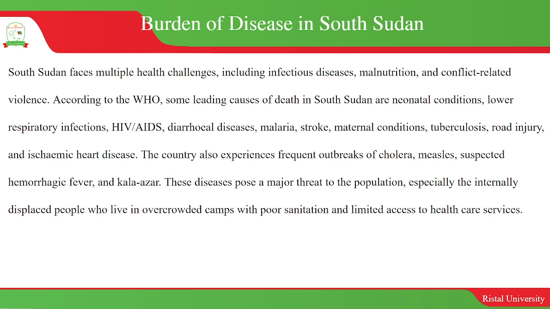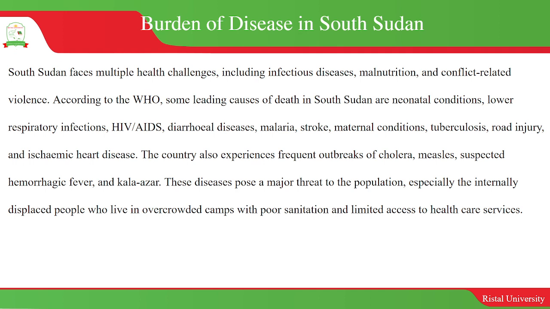But basically here I illustrate to you that we still have a number of big problems in terms of communicable diseases, in terms of even having outbreaks of cholera, measles, and sometimes we have suspected hemorrhagic fever, and we have some conditions which you can categorize as, what do we call them?